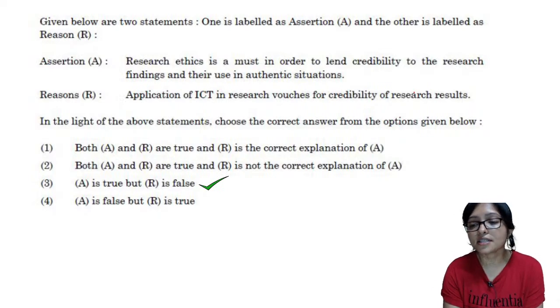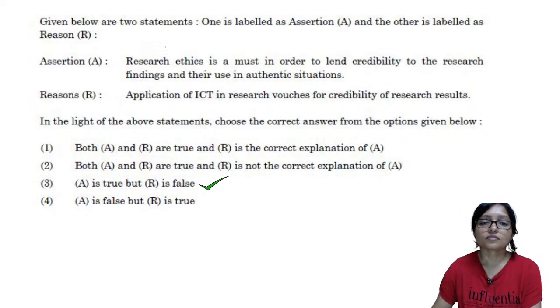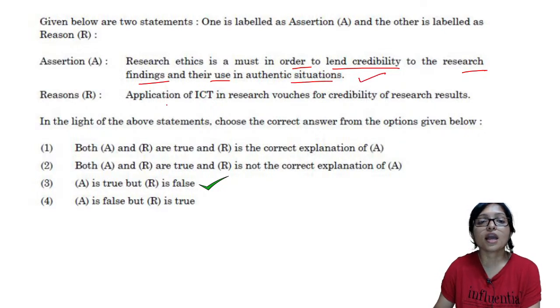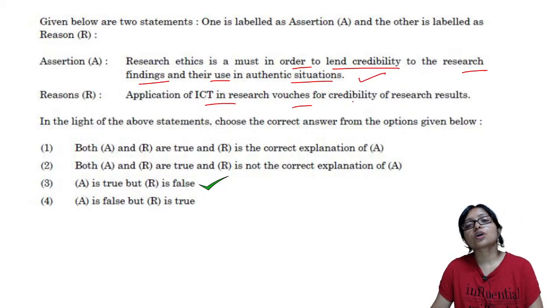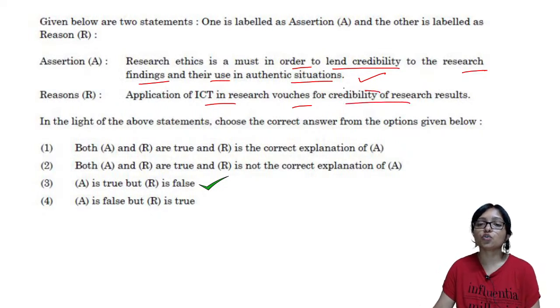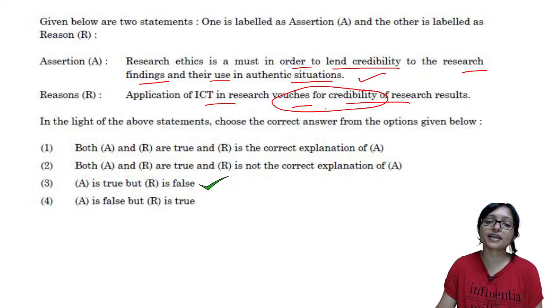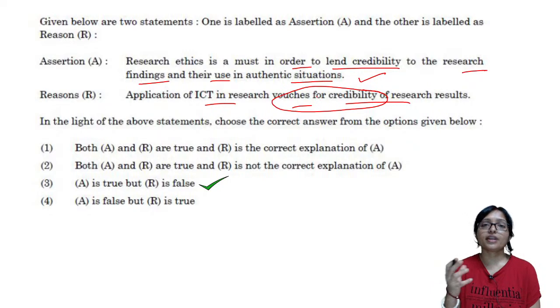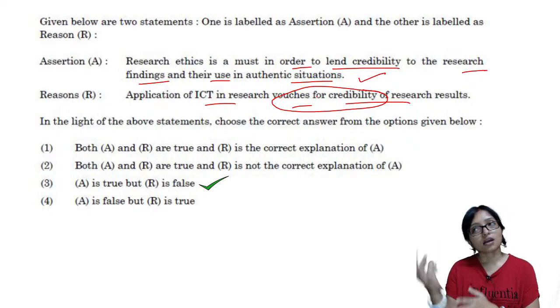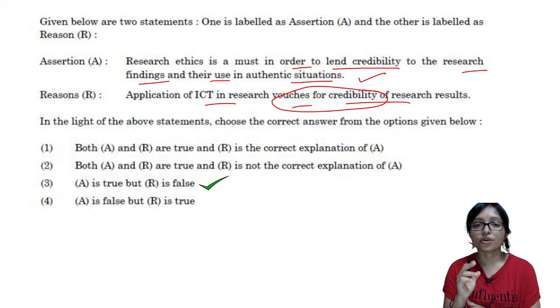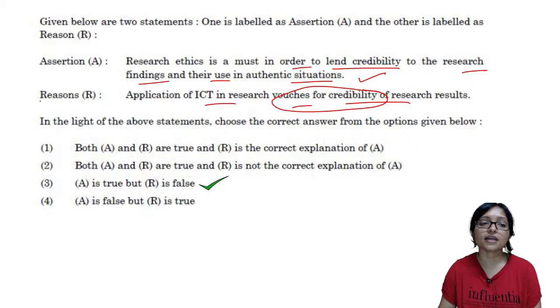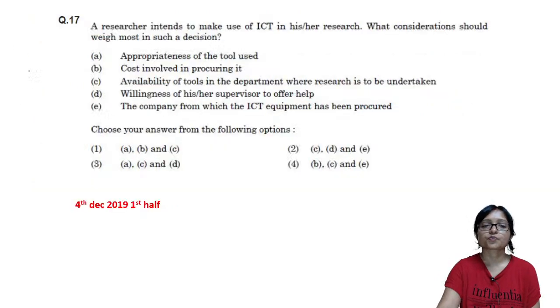Yes, here the answer is that research ethics must ensure the credibility of research findings, that is correct. Application of ICT giving credibility to the research result, no, it is not like that. If you are using ICT, the ICT only gets the credit. It is the credit of the sources that are helping you, not the credit of the total ICT, that is not possible. So that is why this one is false and this is true.